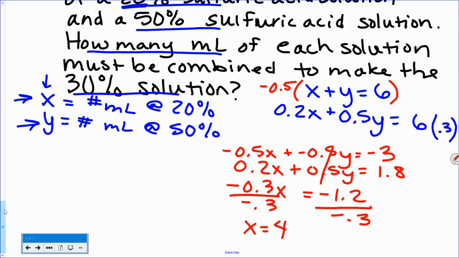So that means there are 4 milliliters needed at the 20% solution. And if altogether we needed 6 milliliters, that means there would be 2 milliliters at the 50% solution.